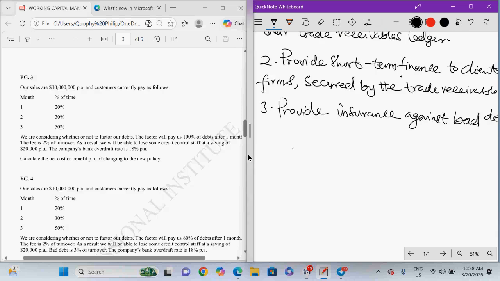And then there is invoice discounting. Sometimes they can ask you to differentiate between invoice discounting and debt factoring.